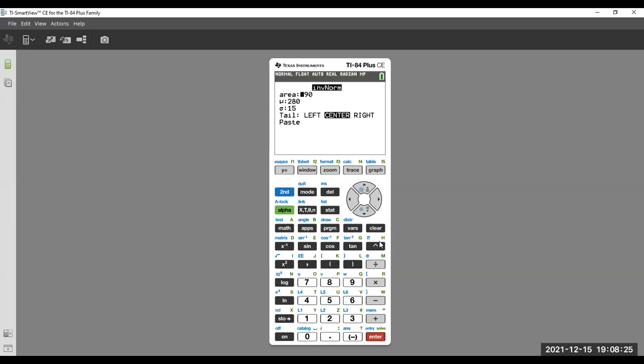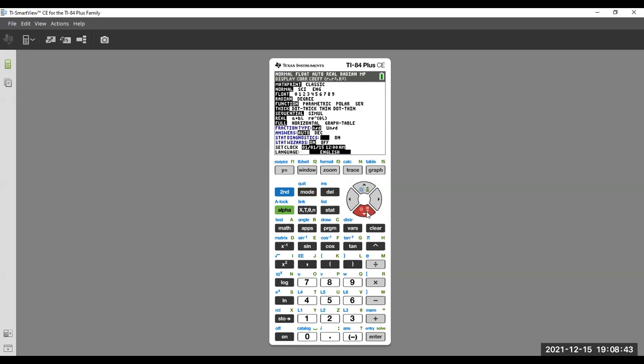So inverse normal, area 0.05. There is the mean. Let me do this. We turn that off.